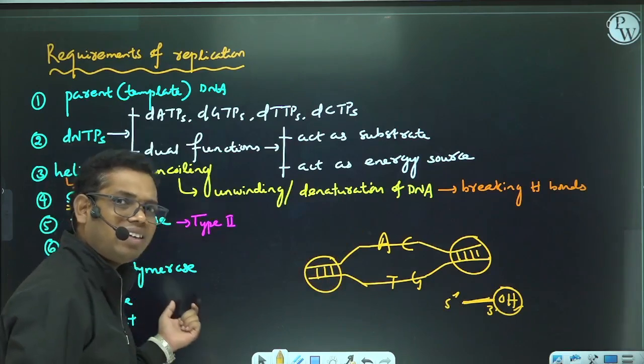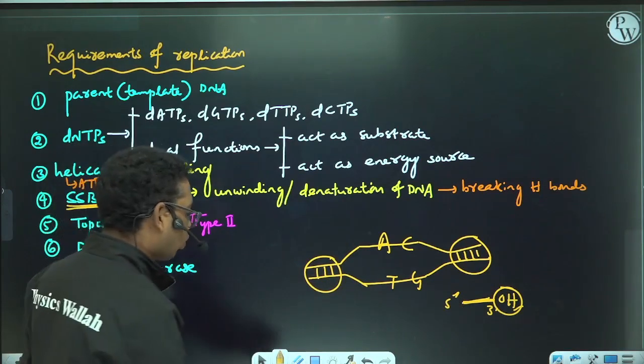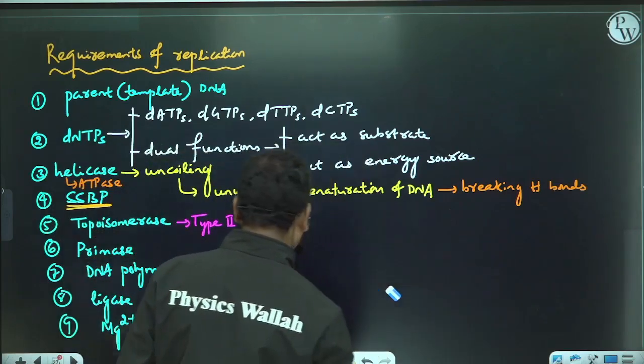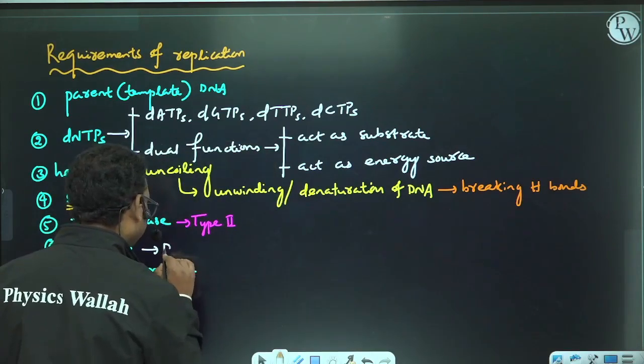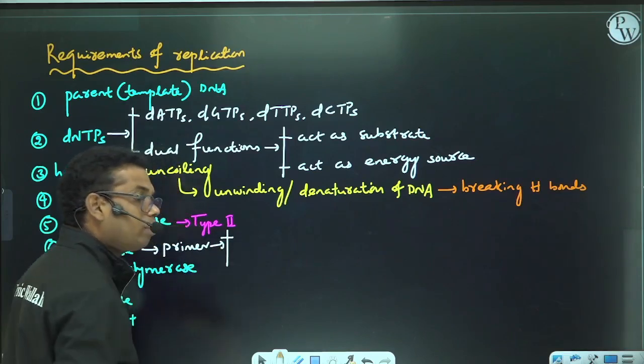Okay, and the main enzyme in case of DNA replication is DNA polymerase. Let me write that part here. The primase synthesizes the primer, and the primer is basically made of RNA.